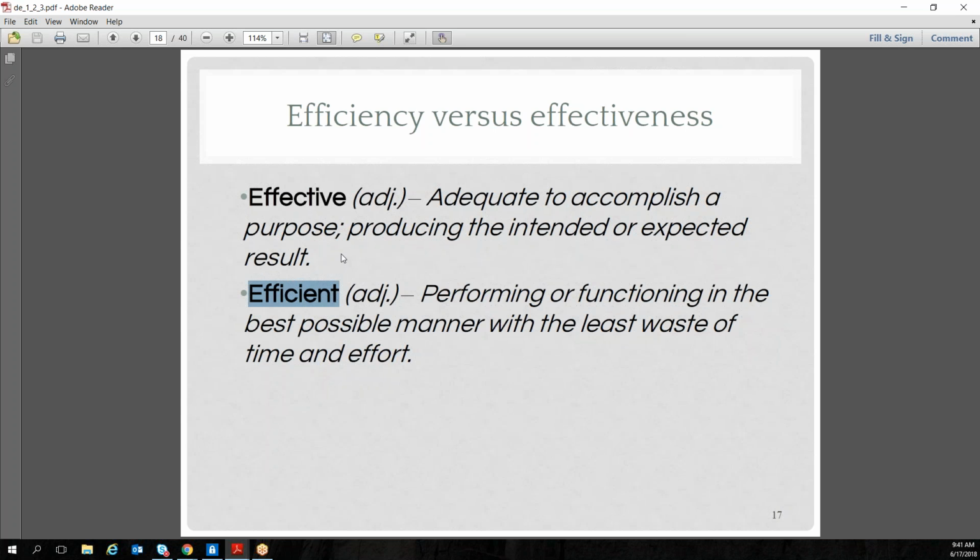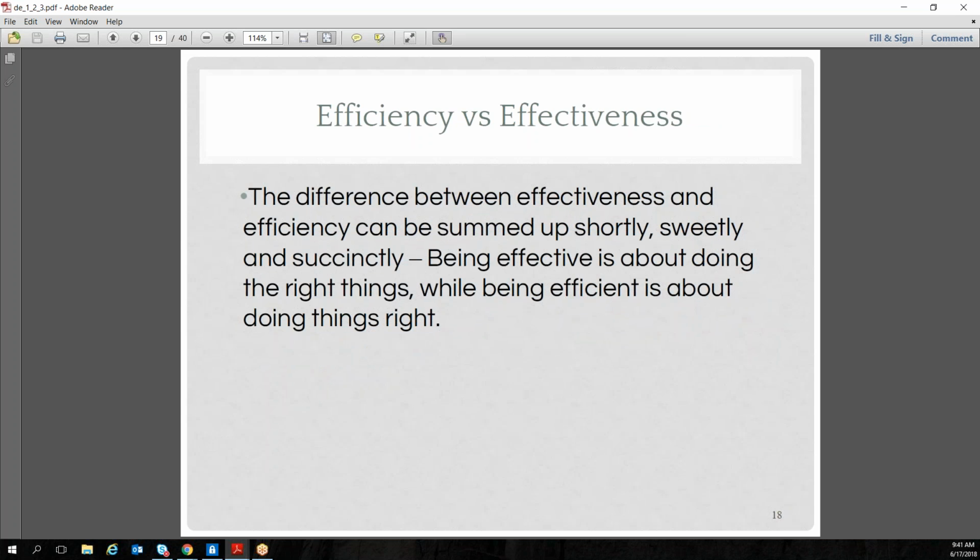Efficiency means functioning in the best possible manner so that we don't waste time and we don't waste effort. But whether we are effective means whether we are able to achieve our goals while being efficient. So effectiveness is the climax, efficiency is your capability to achieve that climax.